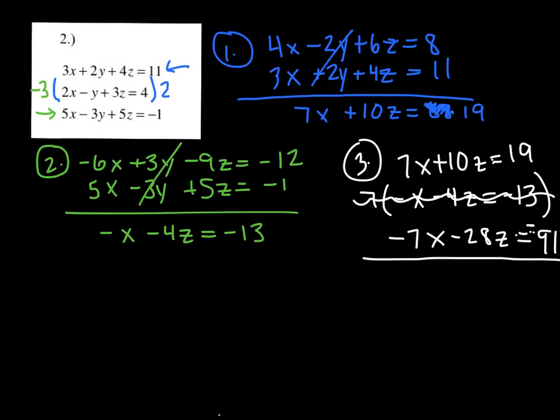So the x's cancel. 10 minus 28 gives us negative 18z equals 19 plus negative 91 equals negative 72. Divide both sides by negative 18 and get z equals 4.